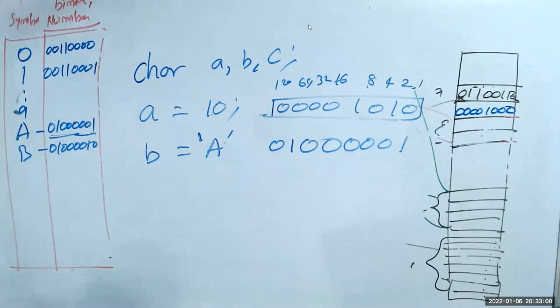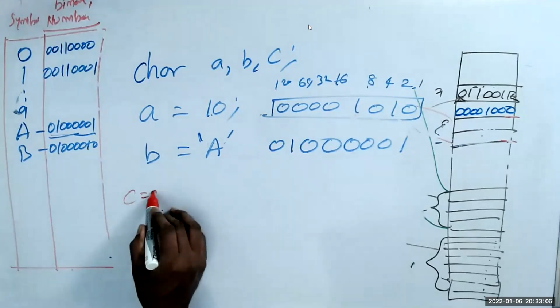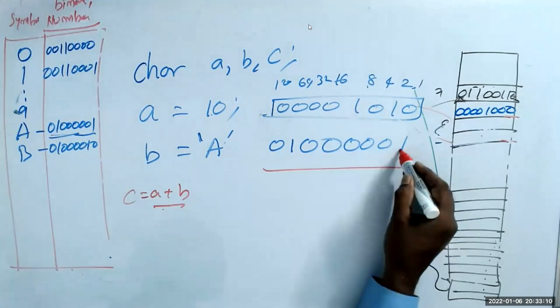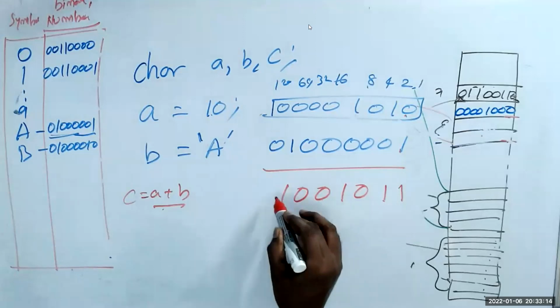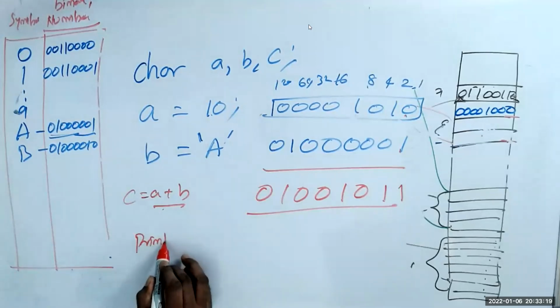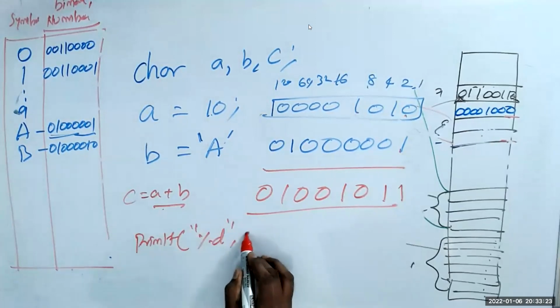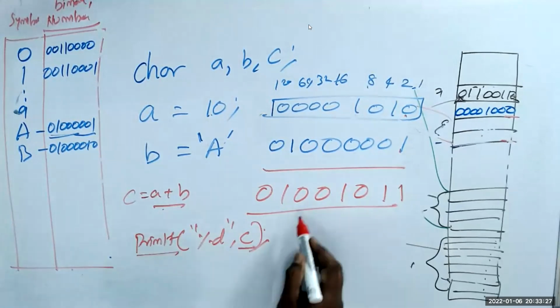Now, the trick here is when I say C is equal to A plus B, we are adding the binary: 0, 1, 0, 0, 1, 0, 1, 1. That's it. When you say printf percentage d comma C, the printf goes and looks at the location.